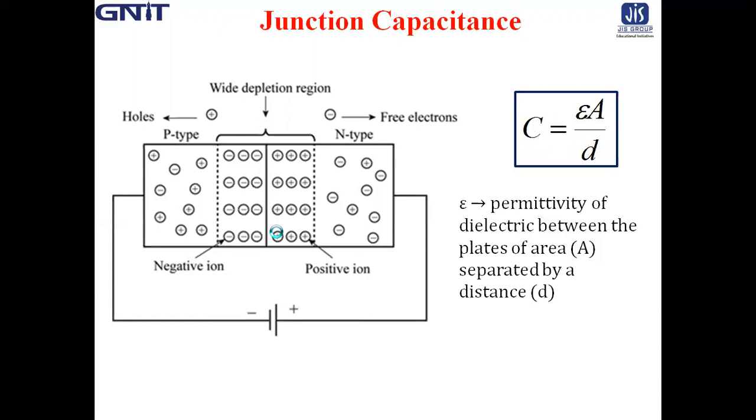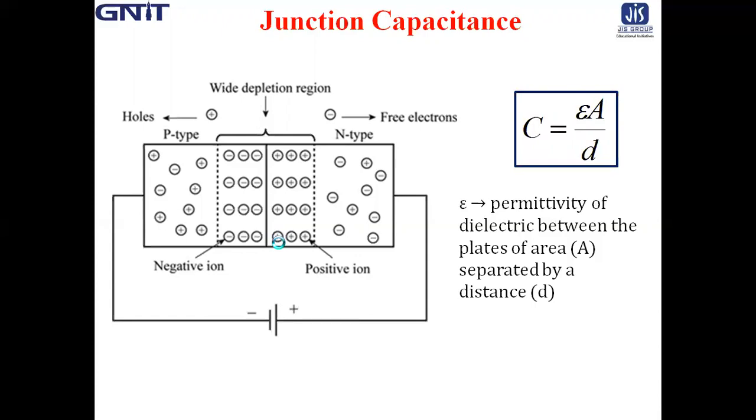The capacitance of the capacitor formed in the junction area is called junction capacitance, depletion region capacitance, space charge capacitance, or transition region capacitance.